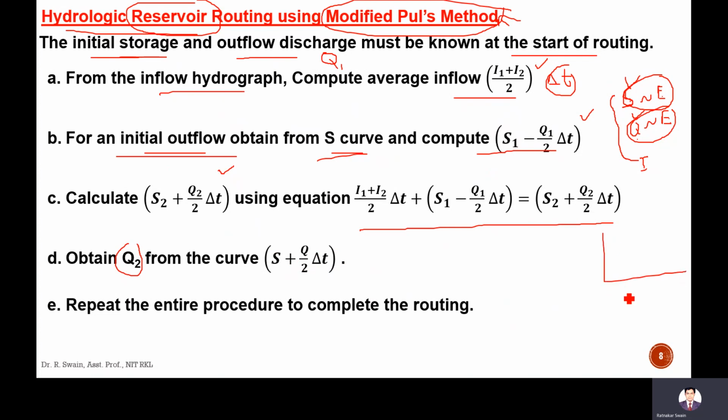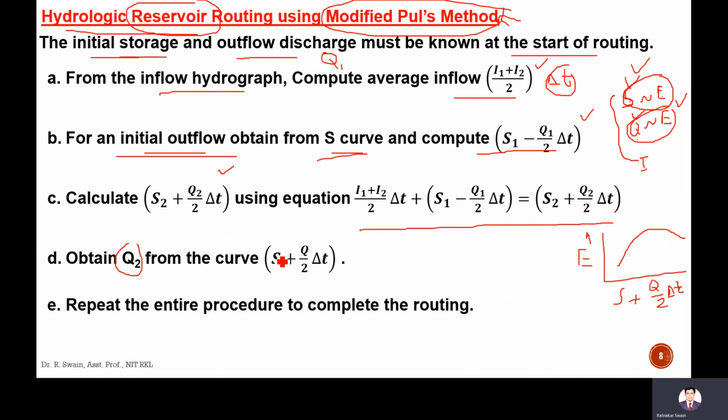That can be plotted with elevation. So these two plots we can make, and this curve also we can plot.